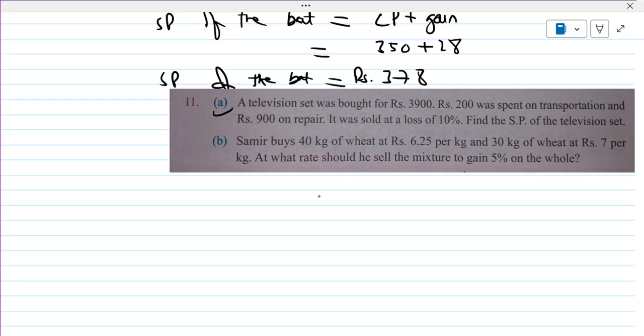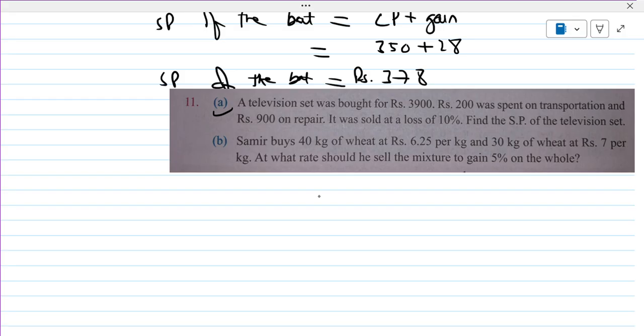He originally purchased it for 3900, and he spent 200 rupees on transportation, and after that he had it repaired by paying 900. So these three costs will be added, and the total cost will be obtained for the seller or shopkeeper of the television set.